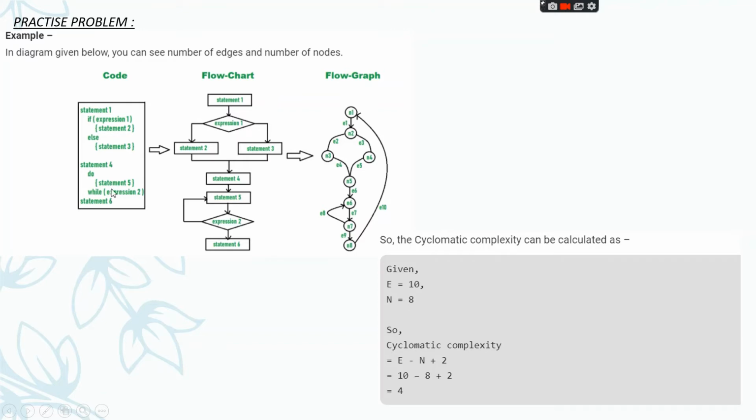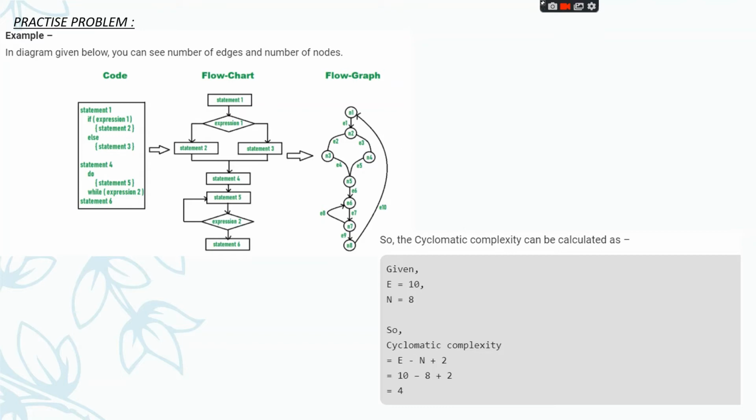If you represent this in the form of a flow chart, the following algorithm, the same has been depicted much more easily in the flow graph next to it. In the flow graph you can see the correct number of edges and nodes. The edges go from E1 to E10, so the total is E equal to 10, and the total number of nodes depicted in the flow graph is 8.